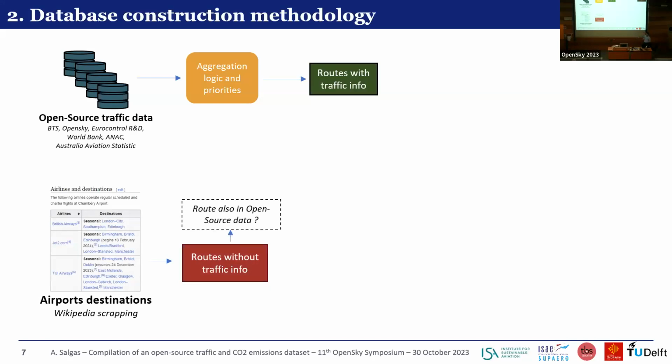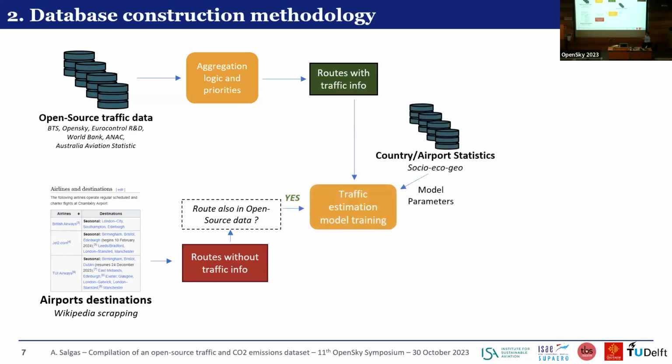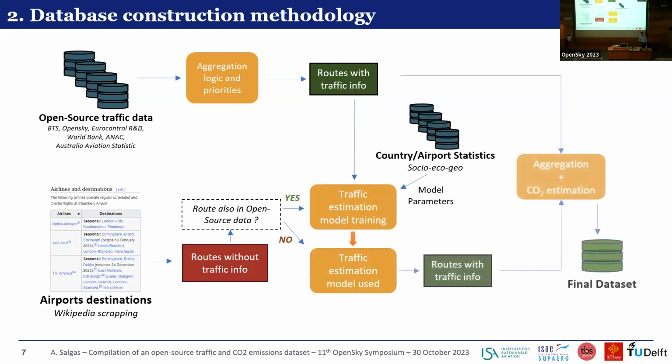So at this moment, we thought about using, once again, the open source traffic data you see above here to train an estimation model, a traffic estimation model, using social, economical, and geographical parameters, features to train this model, so that afterwards we can use this model on routes in which we don't have any traffic information to estimate the traffic on those routes.